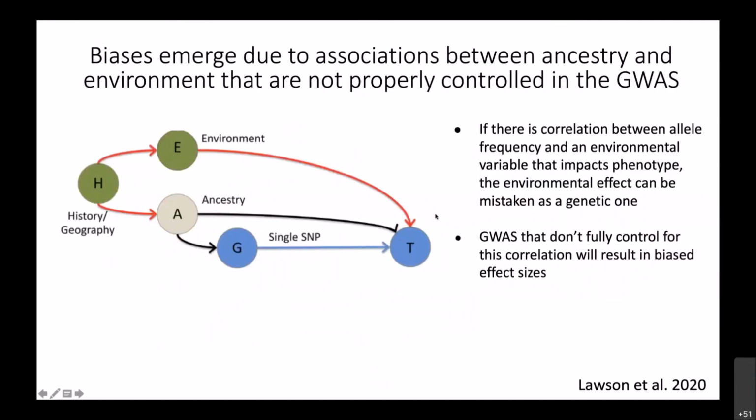And so this is a form of what we call stratification bias. What we're almost certain happened in this giant consortium GWAS is that there are associations between environment, an environment that has an effect on the trait. This T here and this blue circle stands for the trait.